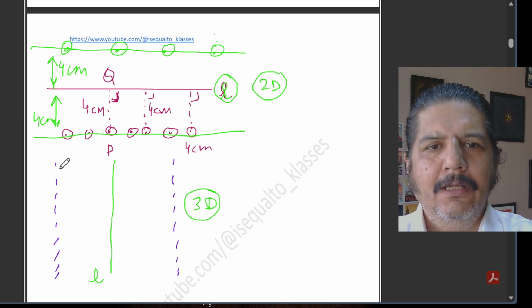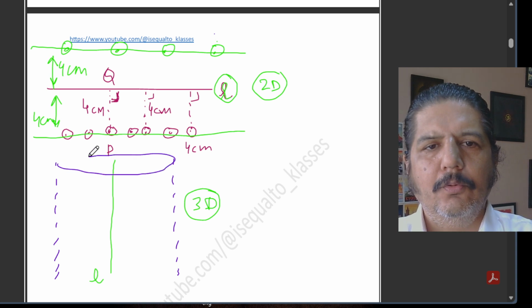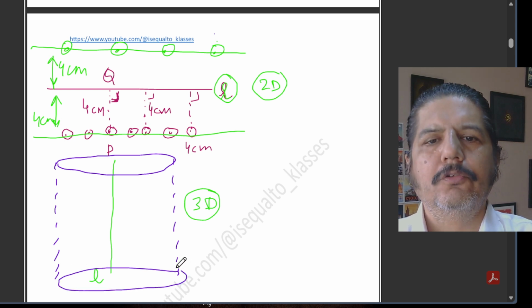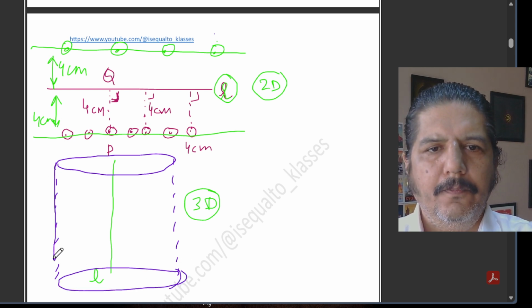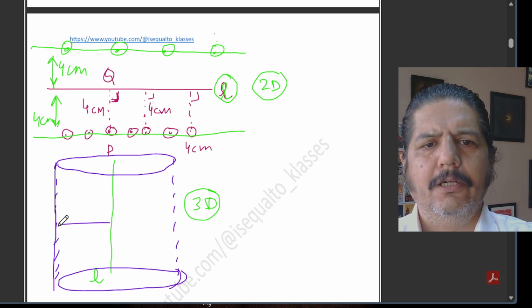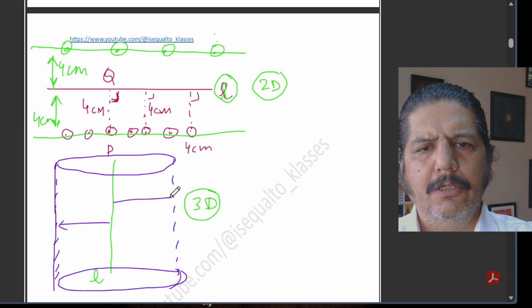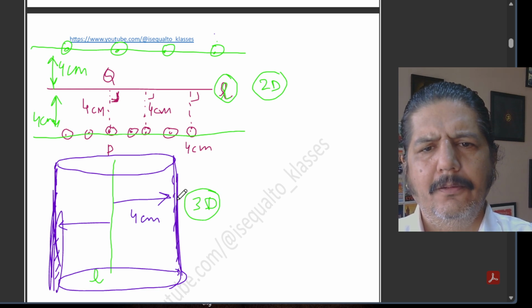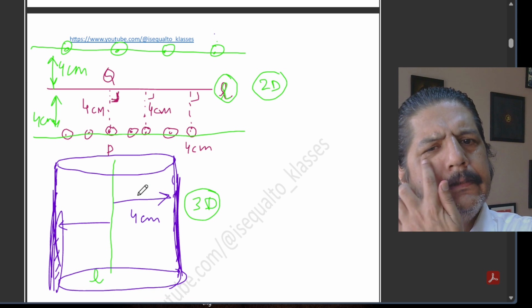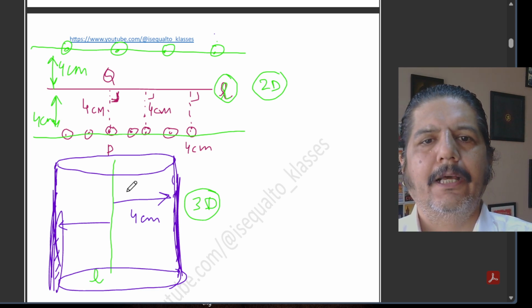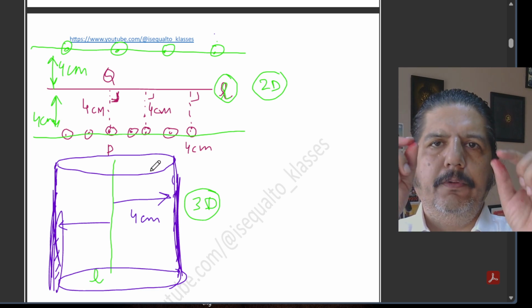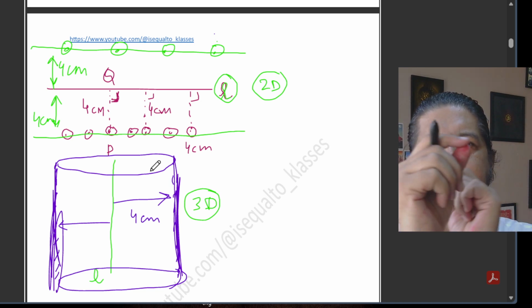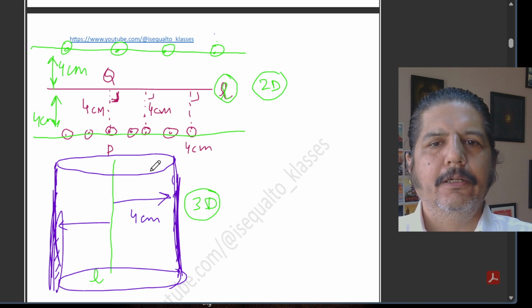So basically, this is a hollow cylinder, or you can consider it to be a pipe of radius 4 centimeter. So consider a pipe of negligible thickness, and each point on this pipe would be at a distance of 4 centimeter from the line. Now this is for 3D.